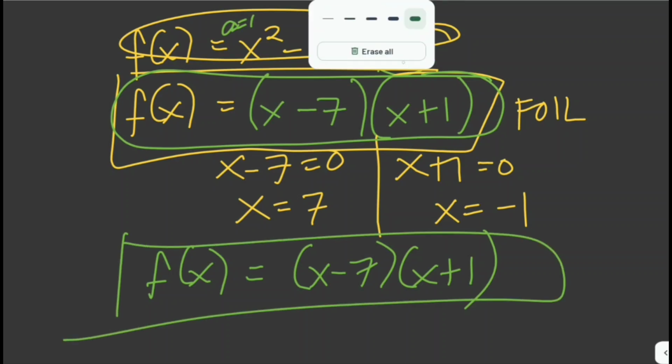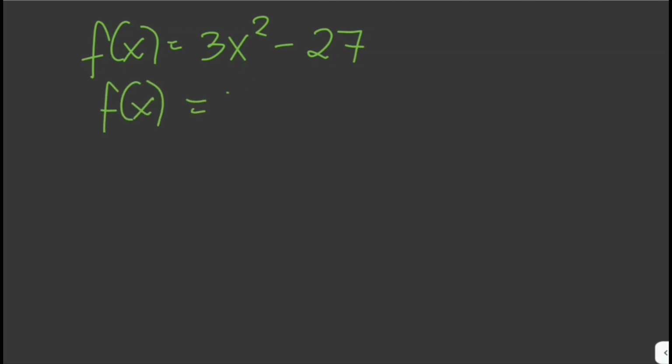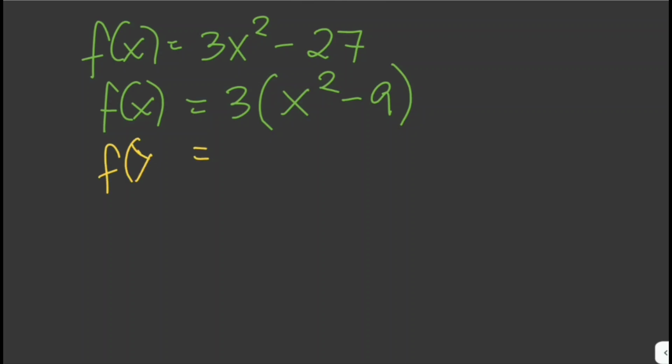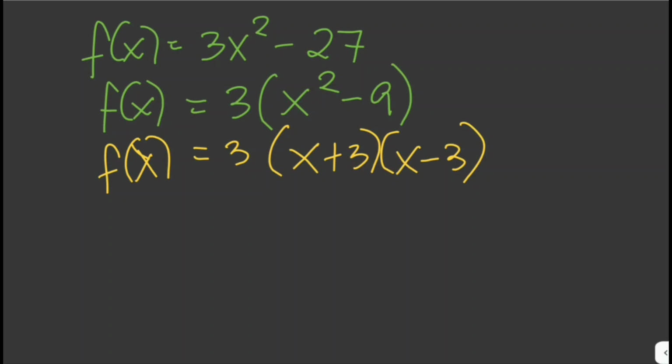Now let's try another one. What if we're given f of x equals 3x squared minus 27? We can rewrite this. We can factor out 3, and we'll be left with x squared minus 9. And x squared minus 9 is the difference of two squares, and we can write this as x plus 3 times x minus 3.